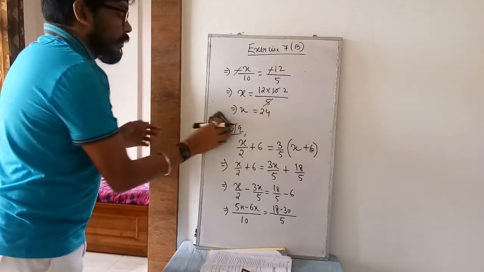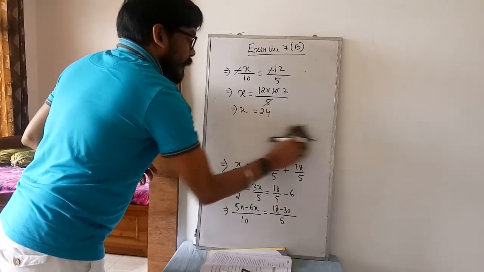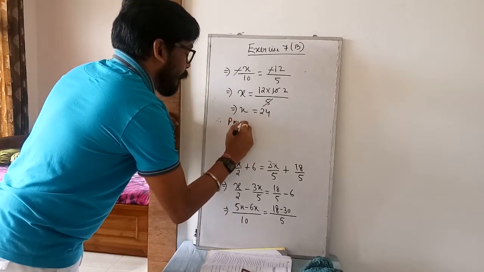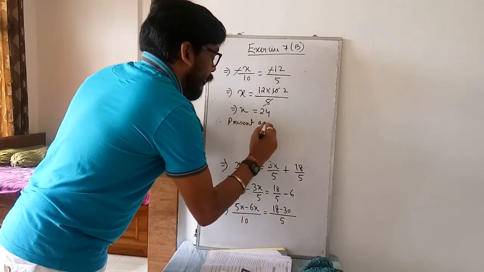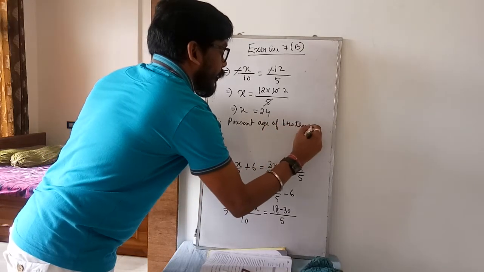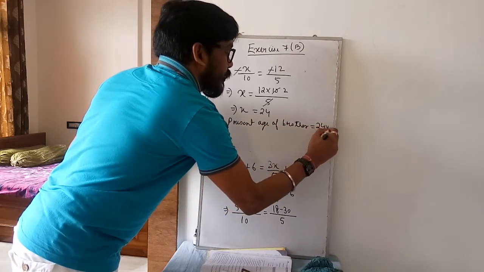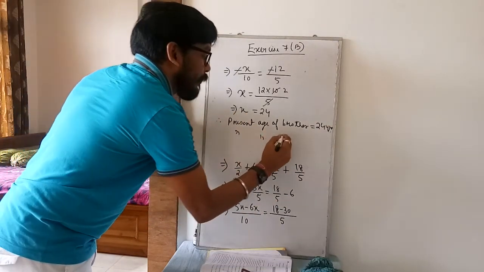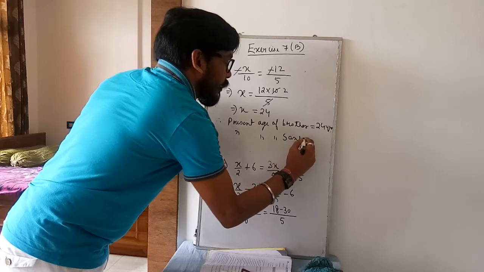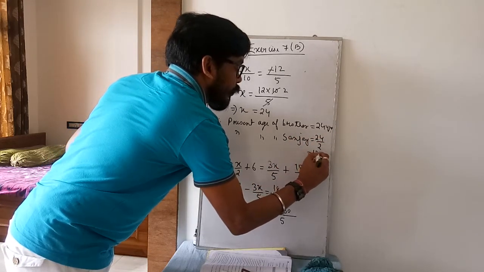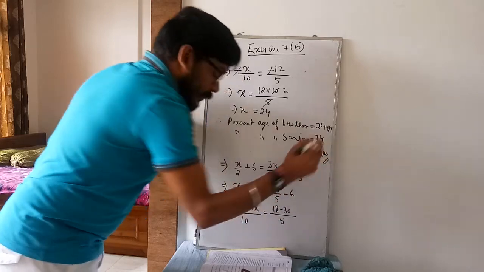After that, you have to write the final statement. Therefore present age of brother equal to 24 years, because you have taken brother as x, and present age of Sanjay, Sanjay was half, so 24 by 2, so it is 12 years. So this is the final statement.